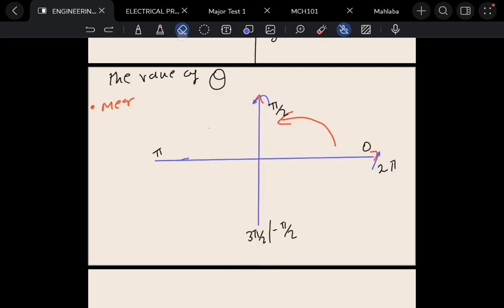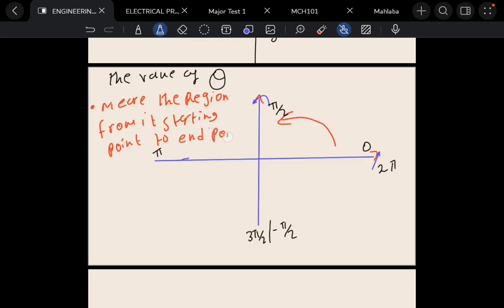What you need to know about theta is that you measure the region from its starting point to its end point.